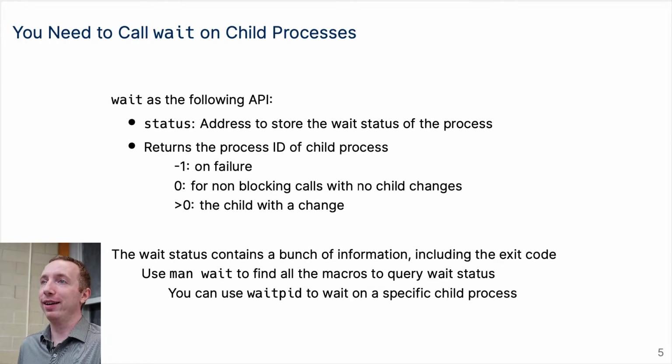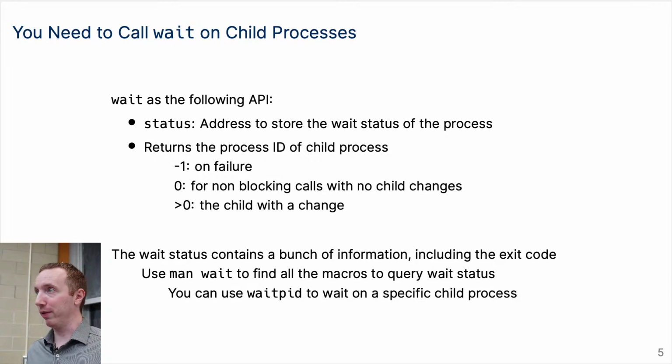So the mechanics of acknowledging your child process is called the wait system call, and it has the following API, which is why you need to know pointers. Its first argument is the address of an integer that stores the status. It will dereference that address and write the value to wherever you allocated it. It's just a way to return, like a C way to return multiple return values at once.